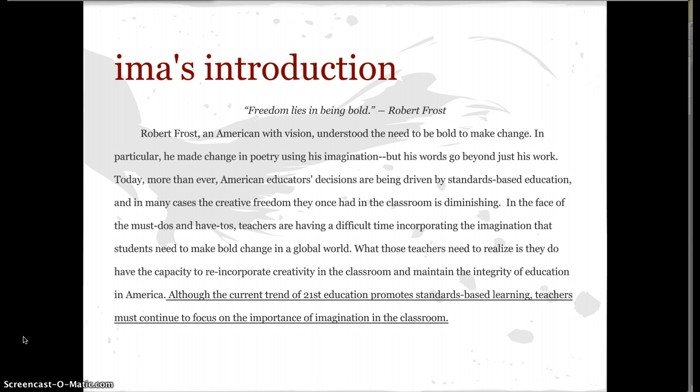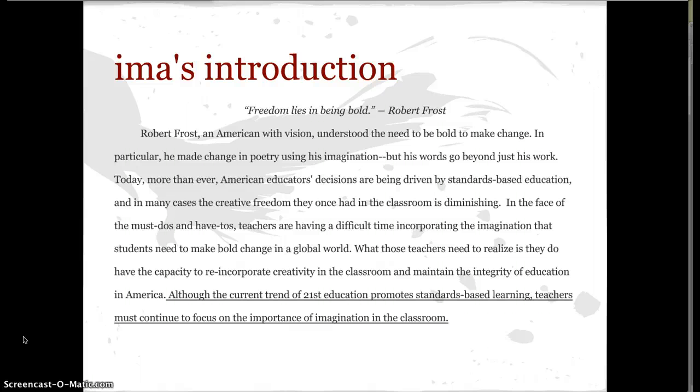from beginning to end, and think back to what an introduction is supposed to do. "Freedom lies in being bold." Robert Frost. "Robert Frost, an American with vision, understood the need to be bold to make change. In particular, he made change in poetry using his imagination. But his words go beyond just his work. Today, more than ever, American educators' decisions are being driven by standards-based education, and in many cases, the creative freedom they once had in the classroom is diminishing.